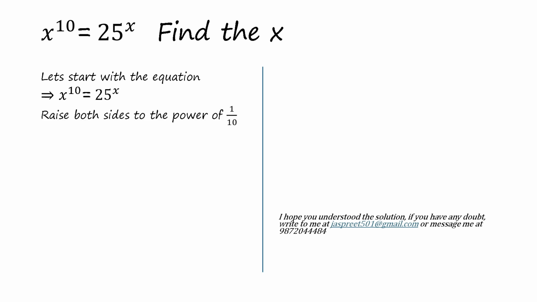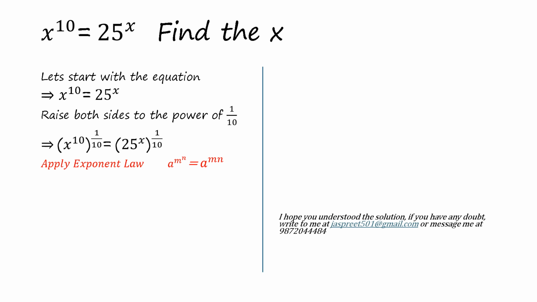To solve it, we raise both sides to the power of 1 upon 10. Which gives us x to the power of 10 to the power of 1 upon 10 equals 25 to the power of x to the power of 1 upon 10.